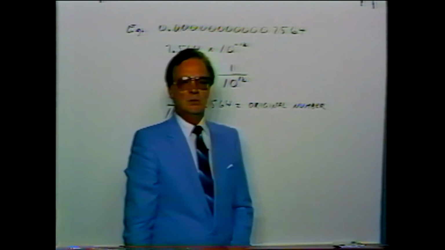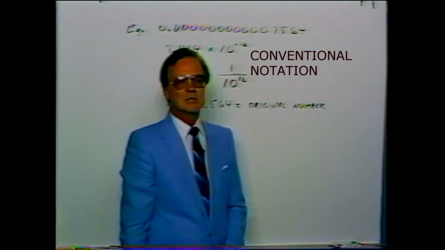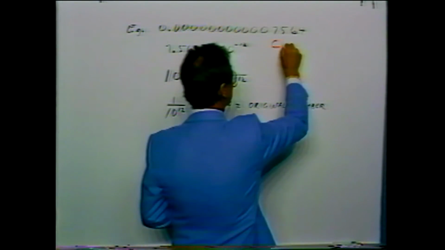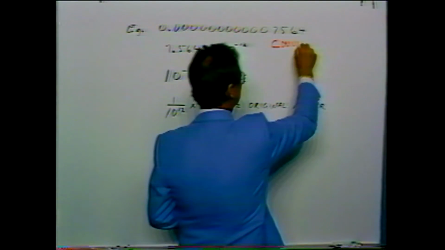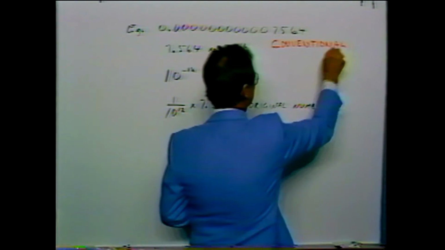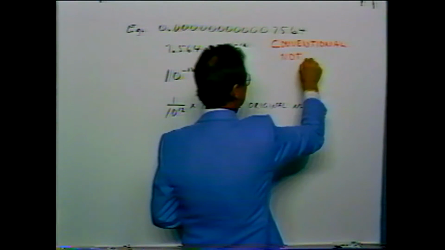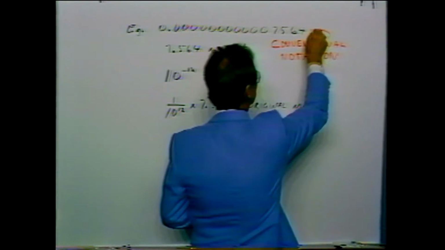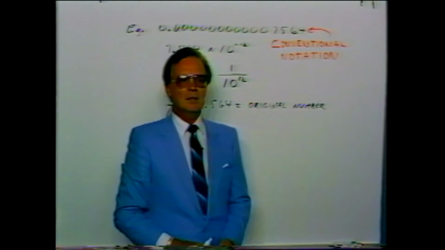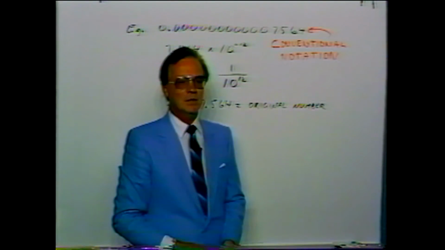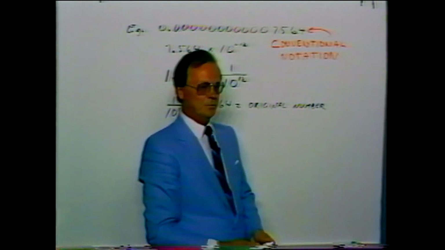The original number is often referred to as conventional notation. Here are a few more examples which convert very small numbers into scientific notation.